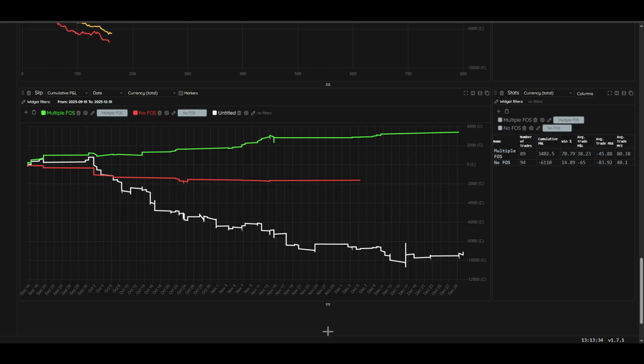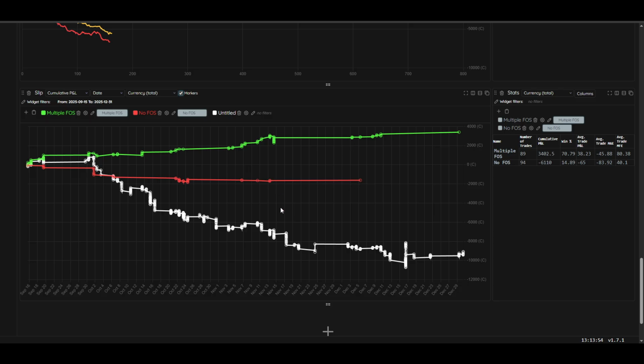Put toggle on your markers again. Yeah, there's multiple days. You see those big flat areas in the green and the red? There's a lot of days where you didn't use it. Yeah, where I was not tagging these tags.